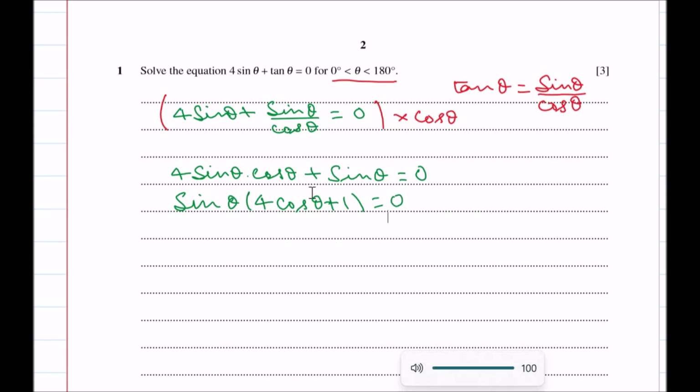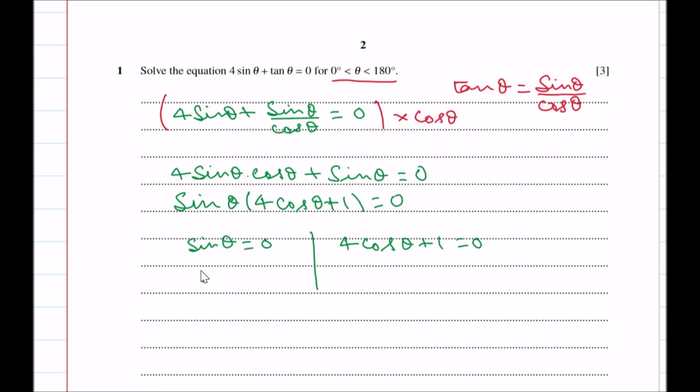Now, as we know by the zero product rule, when two factors multiply to equal 0, each factor is individually equal to 0. So we can write sin theta equal to 0 or 4 cos theta plus 1 equal to 0. I wrote both factors individually equal to 0.